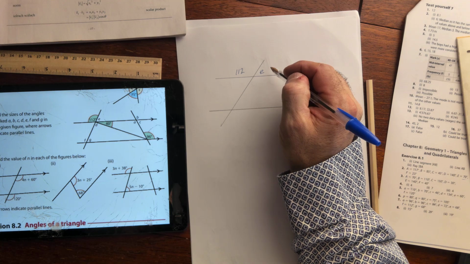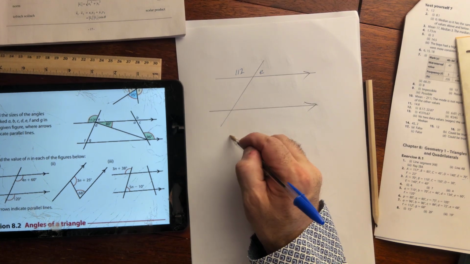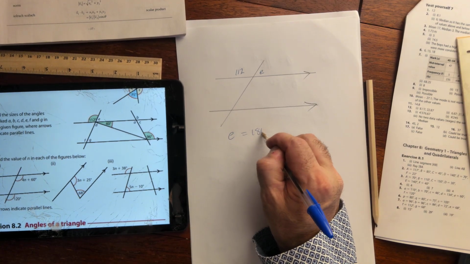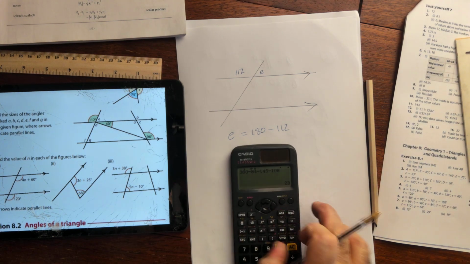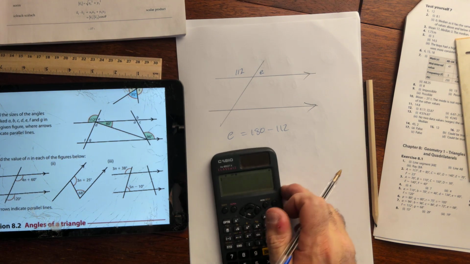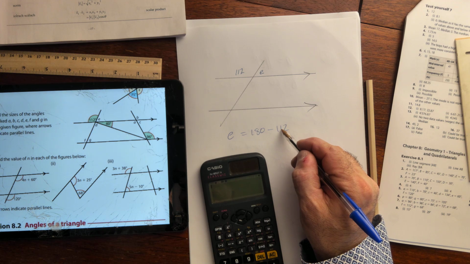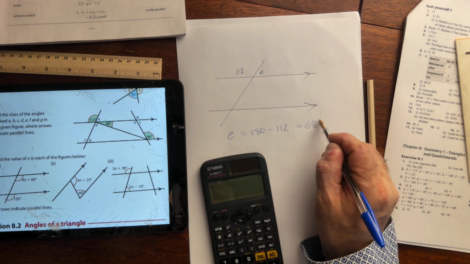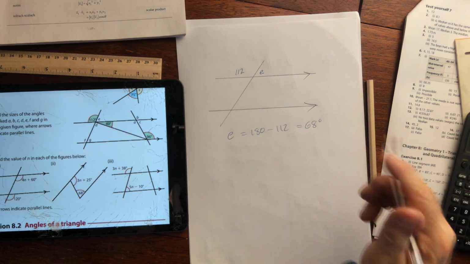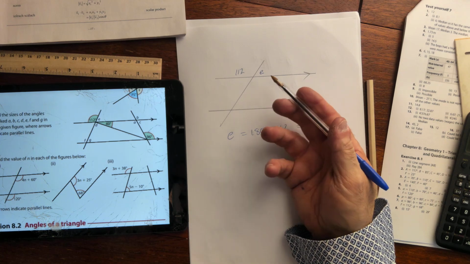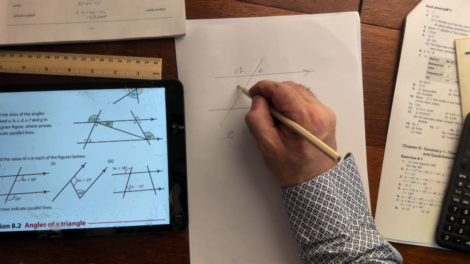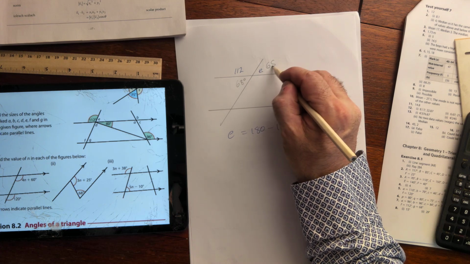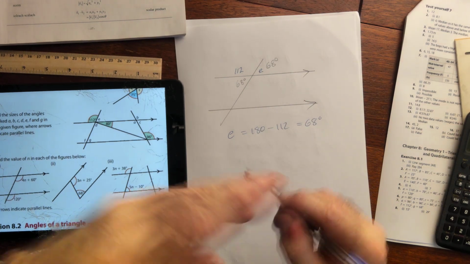So straight away they want me to get E, so E equals 180 minus 112 because it's a straight angle, and that will go into the calculator and it'll come out at 68. Okay, so this is a nice way to do it. Another thing we can do is fill in that this is 68 as well, just as we go, because it might be nice to know that.